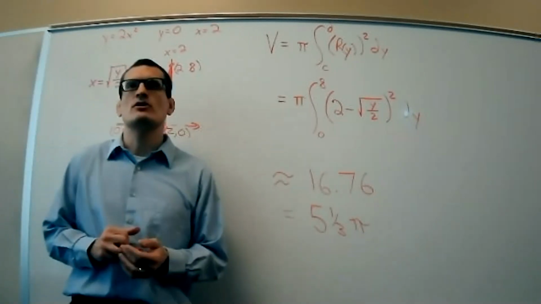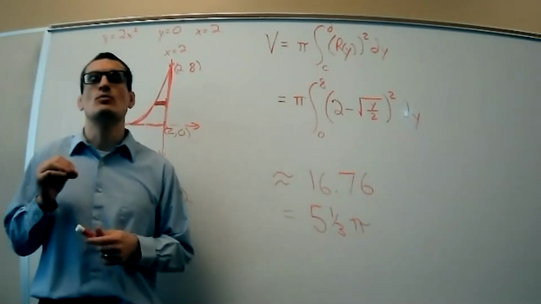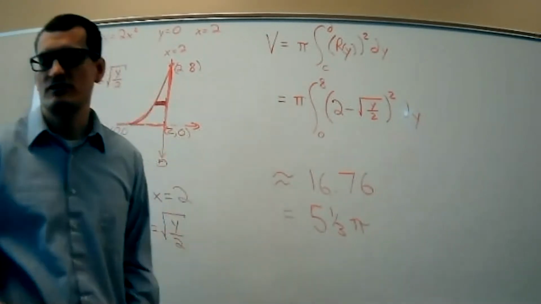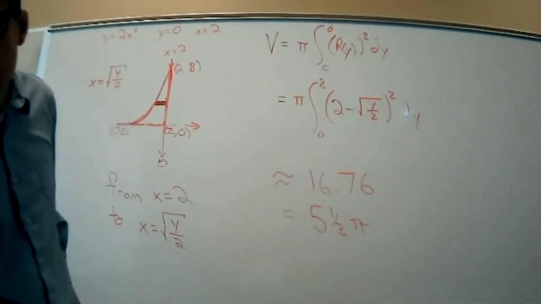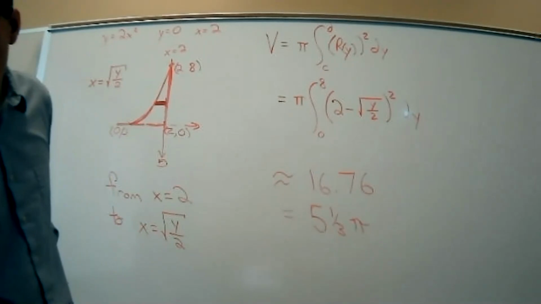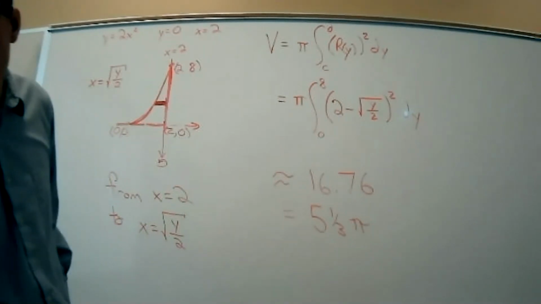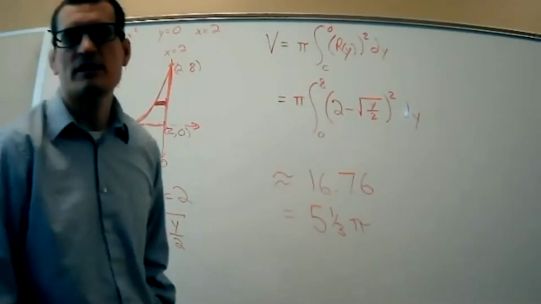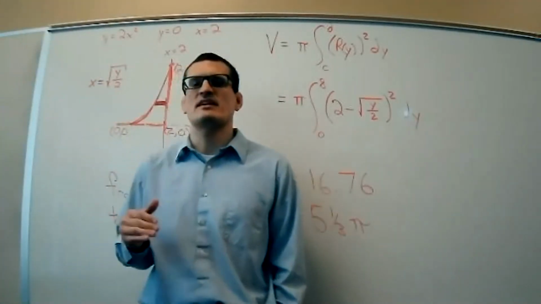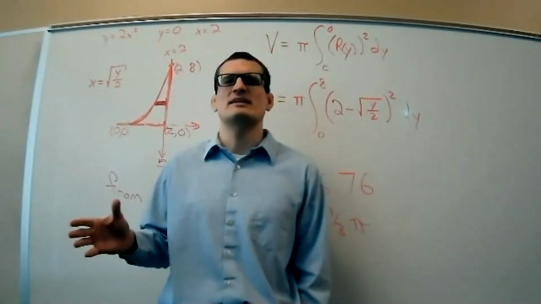All right. Hopefully you don't have any questions. We're going to stop there for section 7.2. And we're going to see next time another method for calculating volume. You might ask, well, why do I need another method?